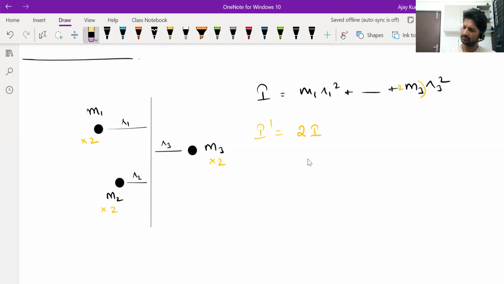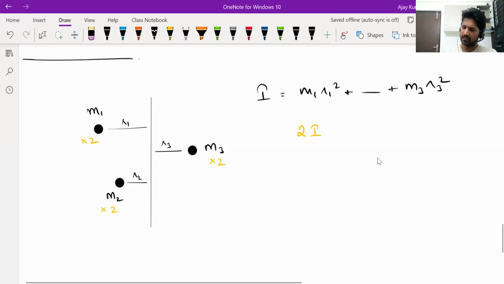Yusuf, did you understand this? Pawan, is this clear? Yes, sir. Okay. So let us generalize this.